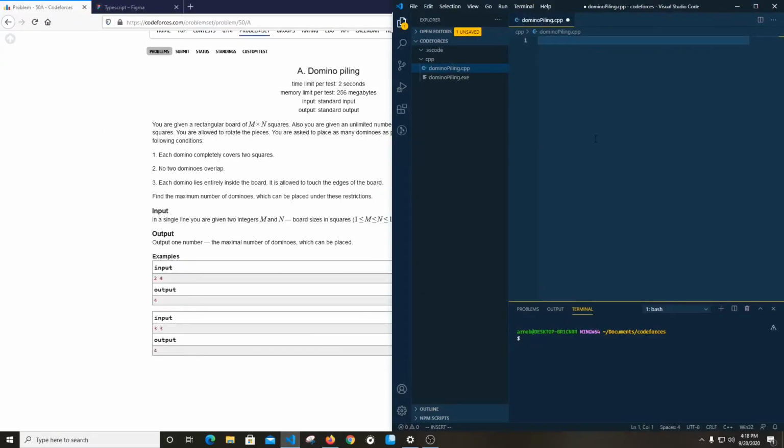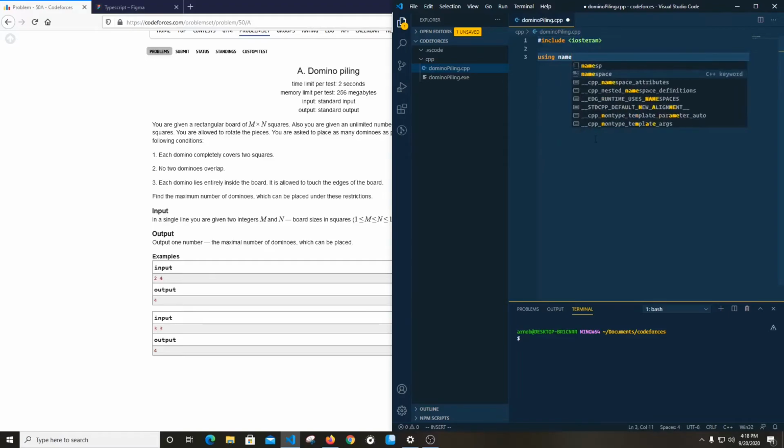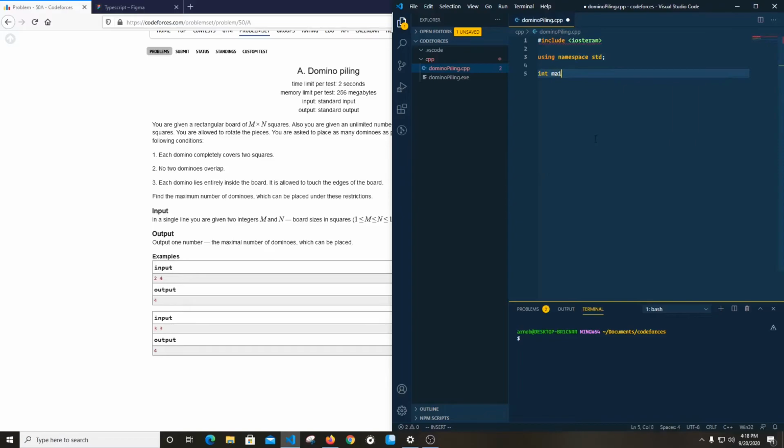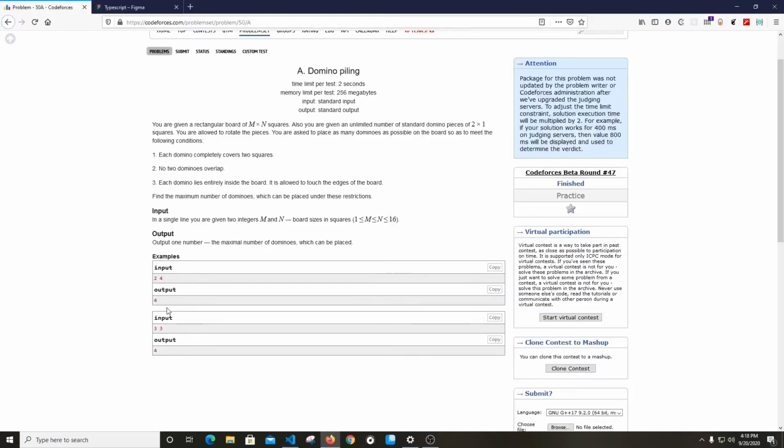We will have two integers m and n, and if we look at the problem, we will get inputs like this.